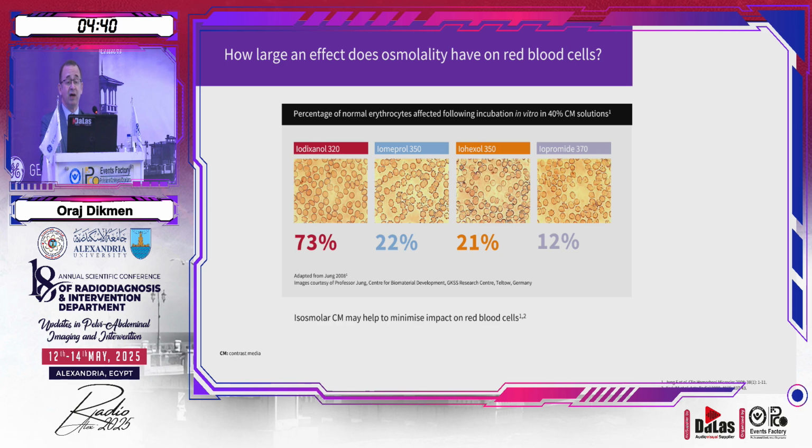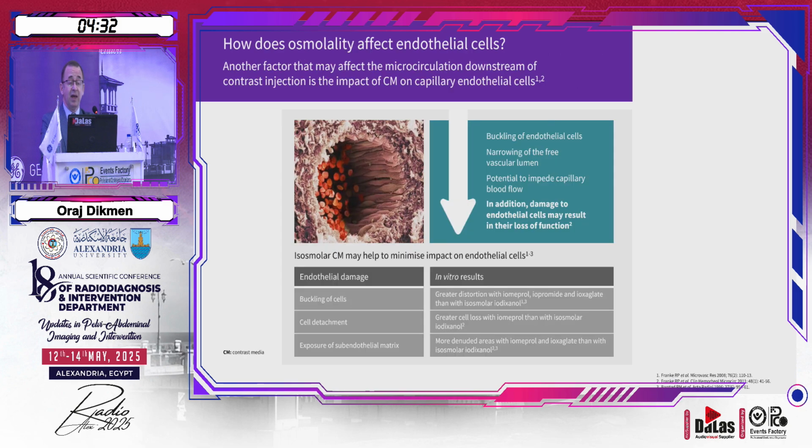With Visipac, you have the majority of the erythrocytes, which maintain their original morphology and their shape, basically. And the impact on the capillary will lead to buckling of endothelial cells, as I mentioned, leading to narrowing of the free vascular lumen, and has a potential to impede the capillary blood flow.